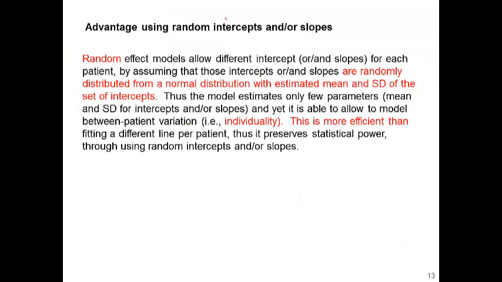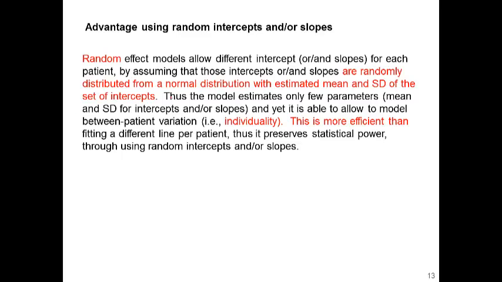Let me read what I have written here. Random effect models allow different intercepts or slopes. So we have random intercept, random slope, or random slopes and intercept for each patient, by assuming that those intercepts and slopes are randomly distributed from a normal distribution with an estimated mean and standard deviation.